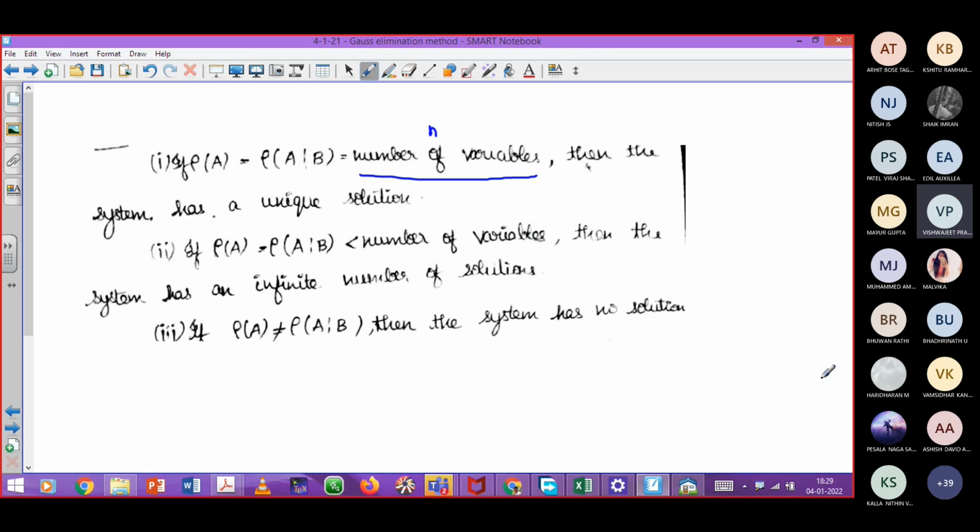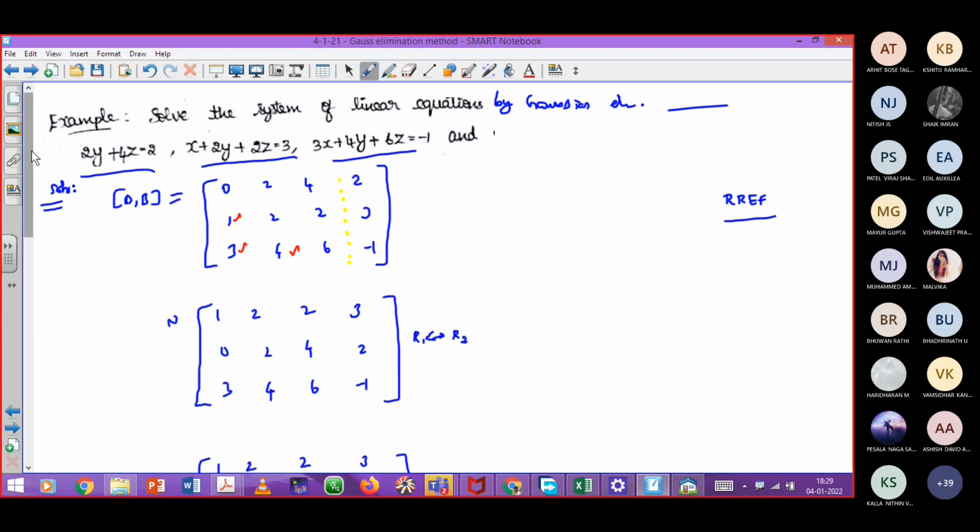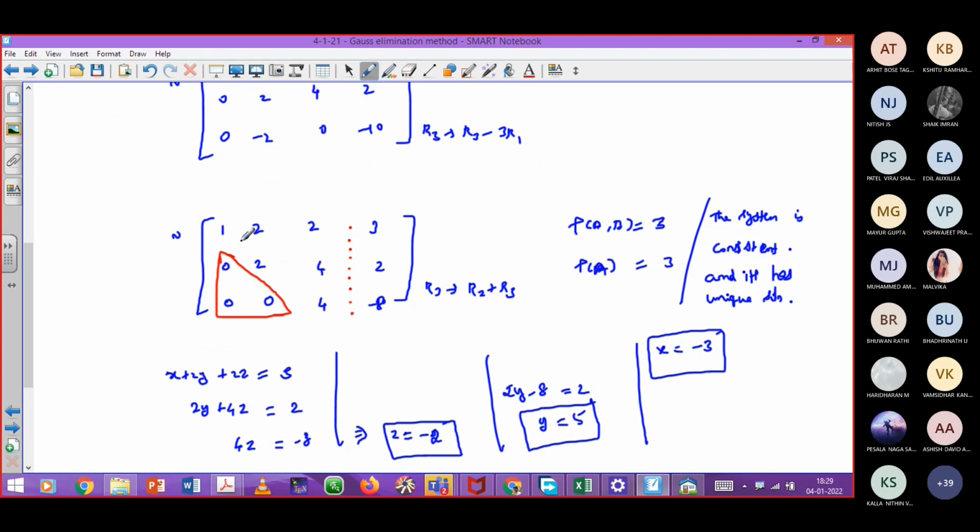Also, sir, the rank of a matrix is the number of columns or number of rows? Rank is nothing but finding the number of non-zero rows. See here in the previous matrix, what we have derived as the last matrix, we could not find any zero row. A zero row is one in which all the elements are zeros.